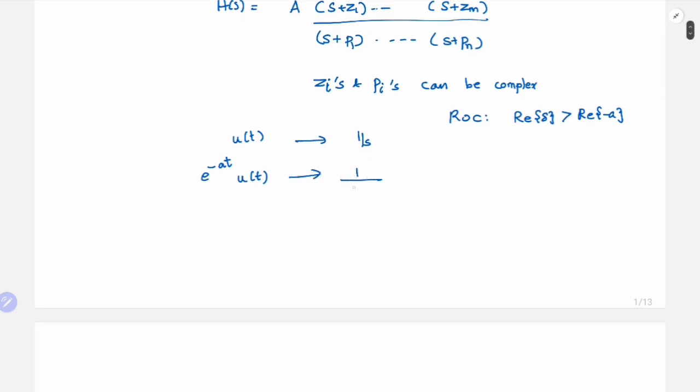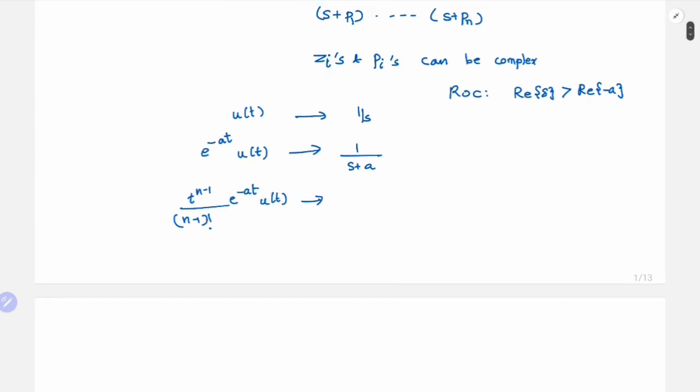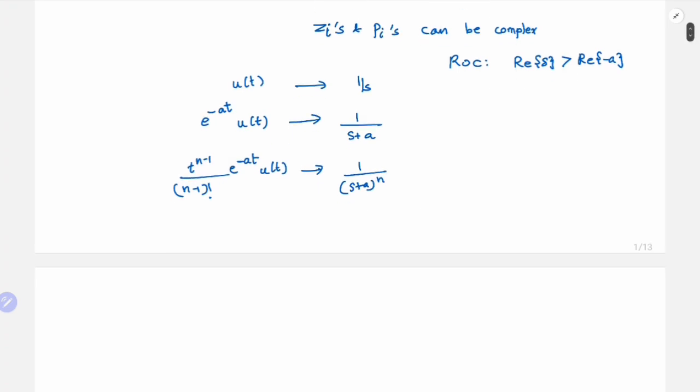So here it will be 1/(s + a). And then you have t^(n-1)/(n-1)! e^(-at) u(t). This will give me 1/(s + a)^n.